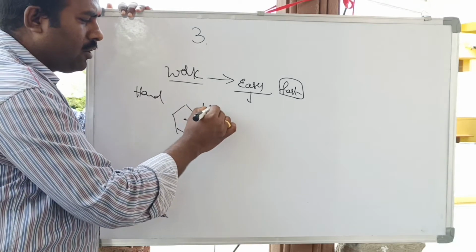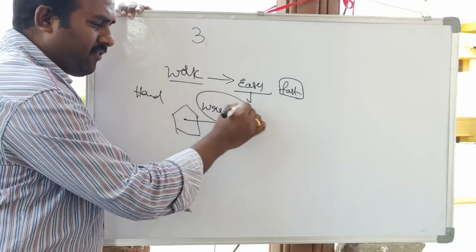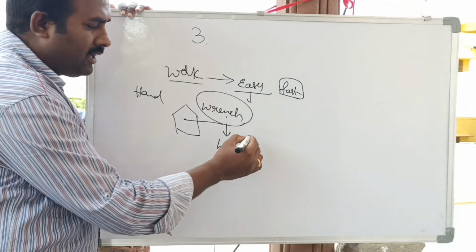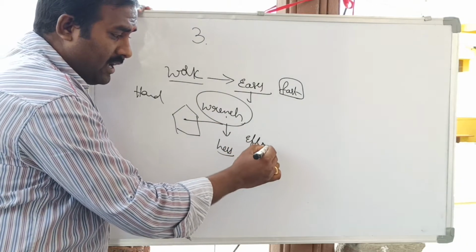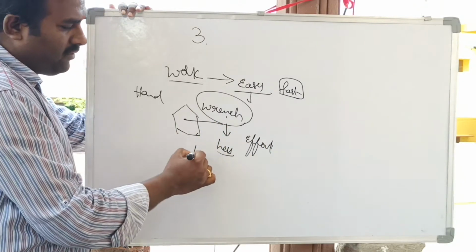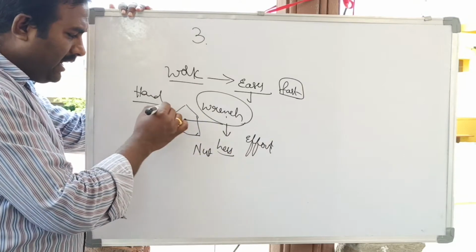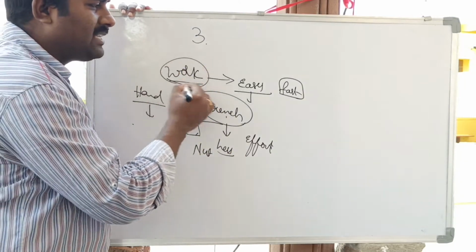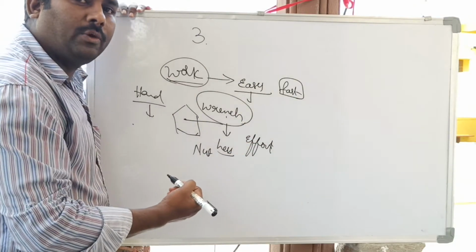If you take a wrench, it is easy for you. Here we will use less effort to open the nut, whereas by hand it is difficult and you should apply more effort. To make the work easy and fast, what will we use?